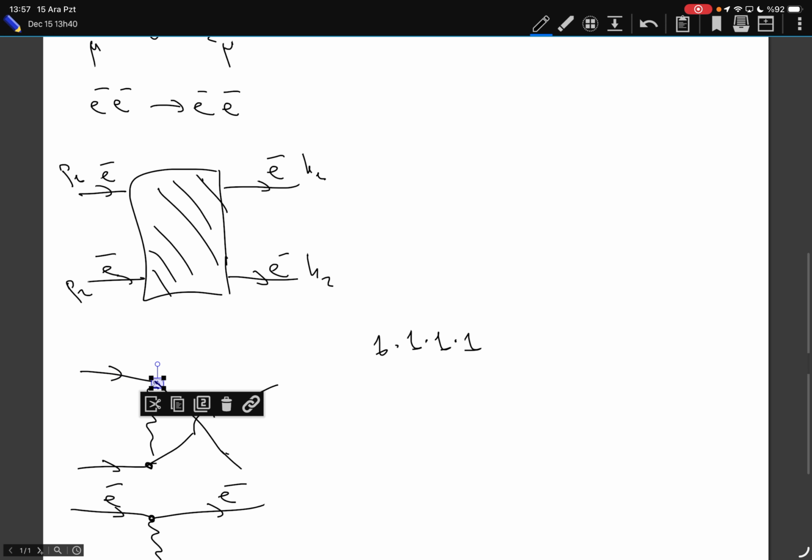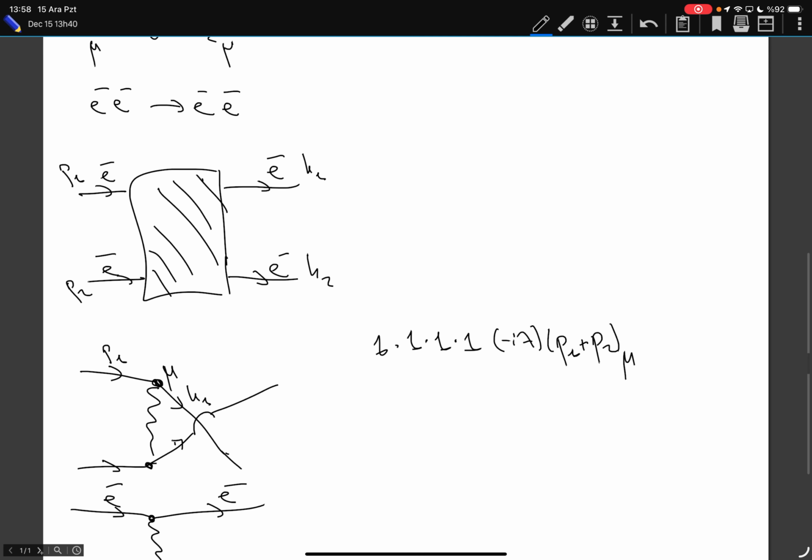Now I have a vertex here where the momenta of the particles are P1 and K1. So the corresponding vertex factor will be minus i lambda (P1 plus P2). Vertices also have a Lorentz index, so this is the Lorentz index mu. The other vertex also has a Lorentz index.